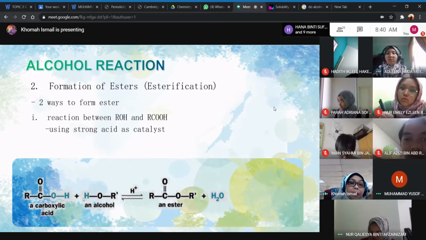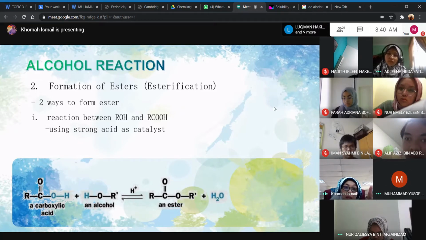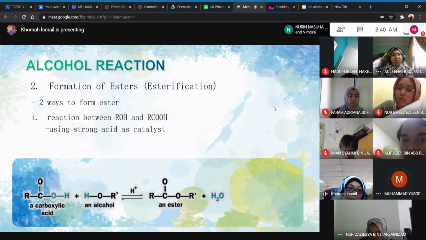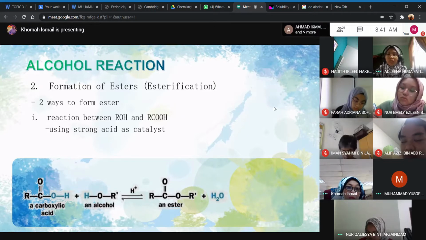You have to know how to join them together, because the formation of esters involves the fission of the OH bond for alcohol. This bond is broken, and for carboxylic acid, this bond will be broken. These two will form water. So these two are out you go, and the O will form a bond with this carbon.